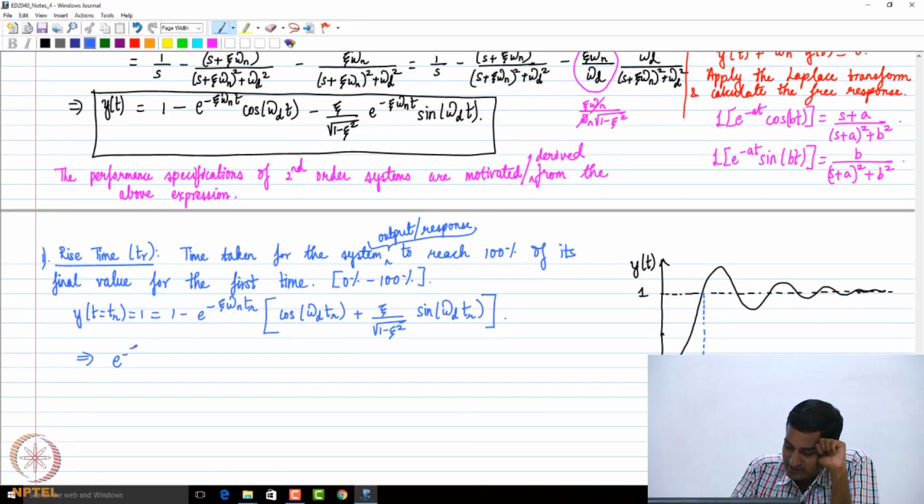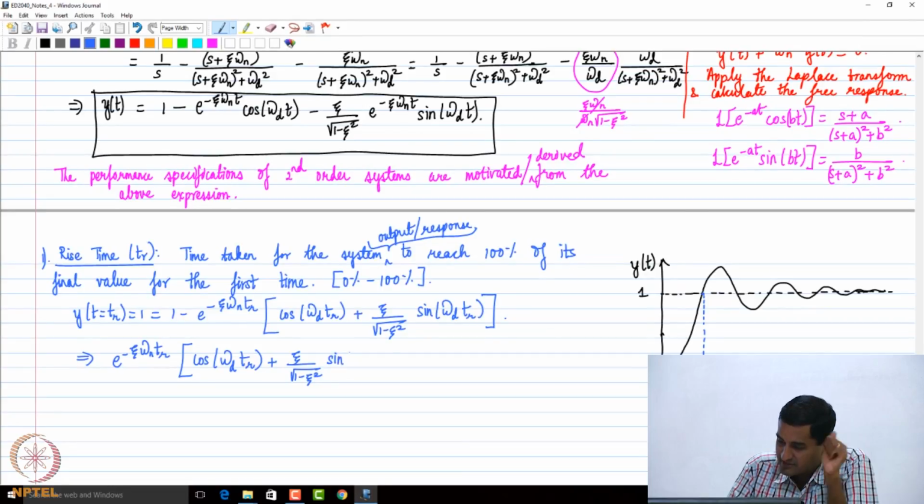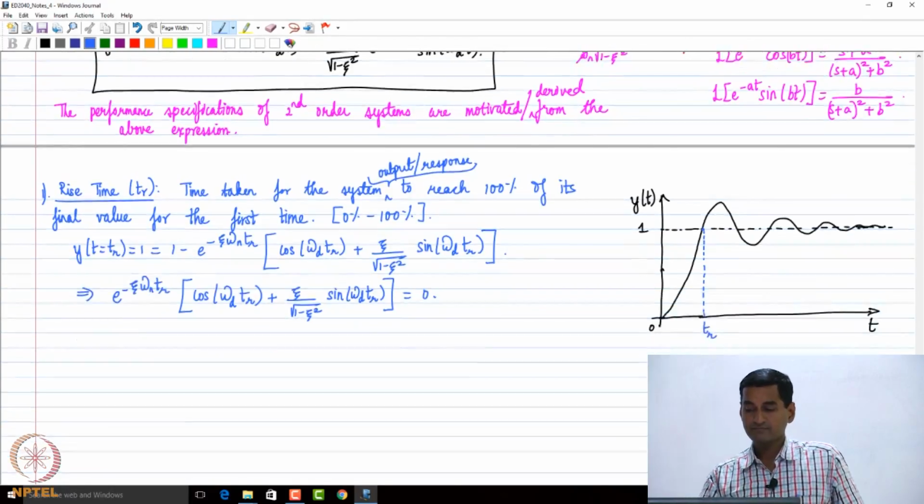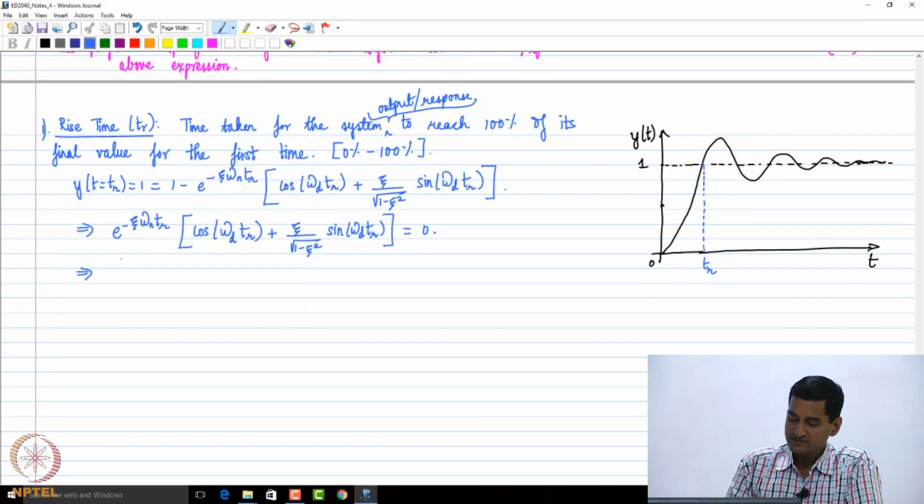This implies that e power minus zeta omega n tr multiplied by cos omega d tr plus zeta divided by square root of 1 minus zeta square sin omega d tr equals 0. This immediately implies that cos omega d tr plus zeta divided by square root of 1 minus zeta square sin omega d tr is equal to 0.